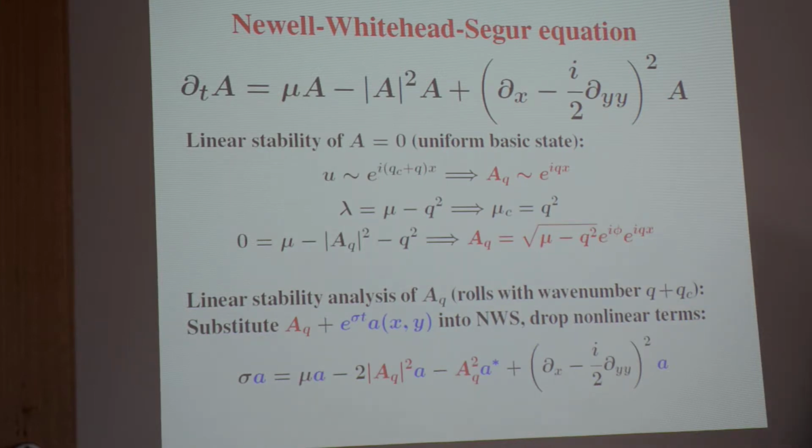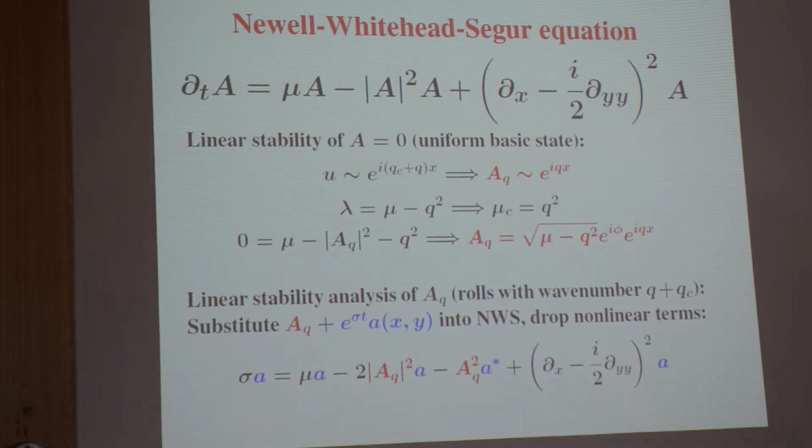so we want to write AQ e to the iqx plus your arbitrary A here, and we're going to do this times this squared.